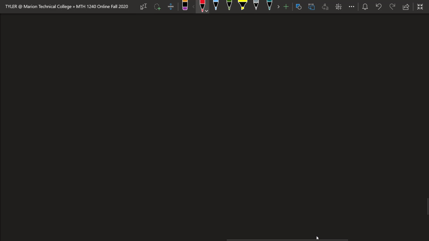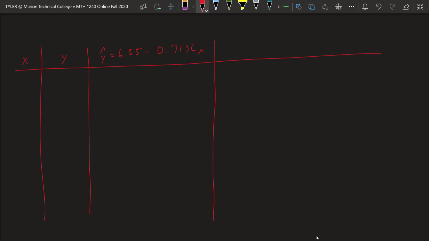So if I try to make a table, here's my X, here's my Y values, and then here would be my Y hat, which equals, we had 6.55 minus 0.7136 times X, is that equation. And then the error would be E equals Y minus Y hat. And then here we're just going to take E squared.